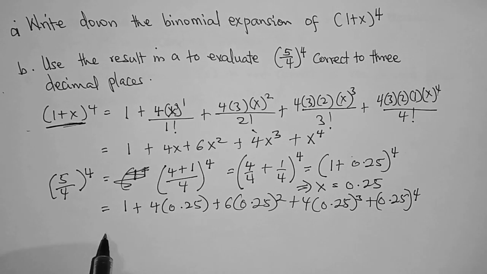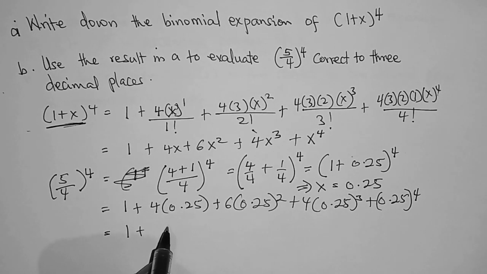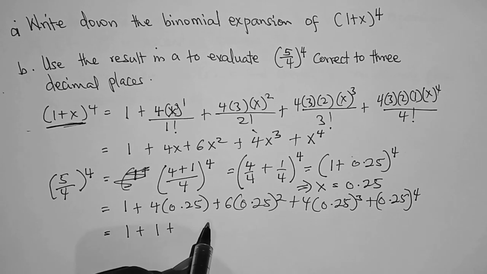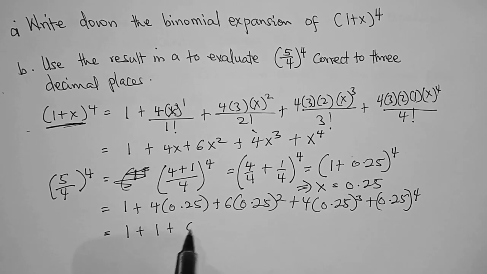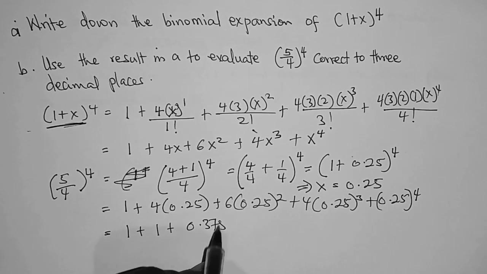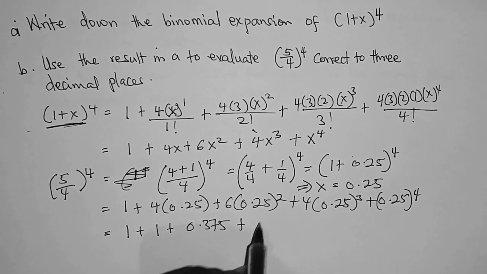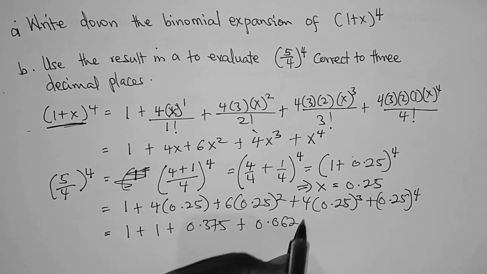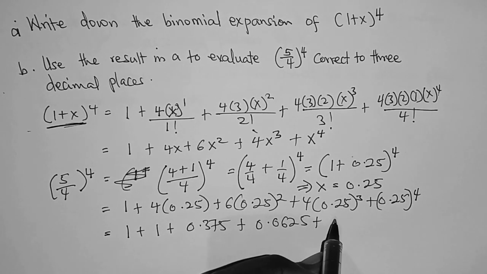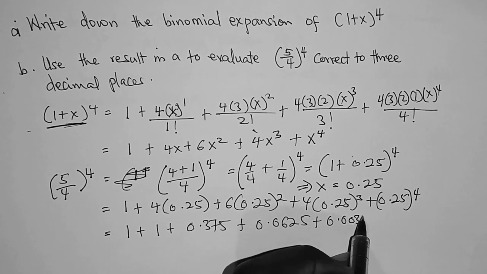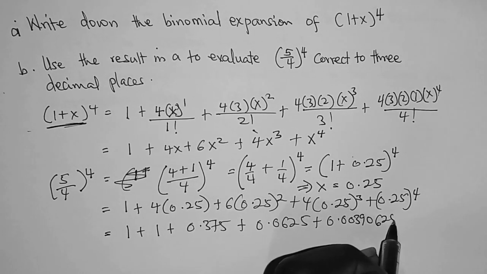So this is equal to 1 plus 4 times 0.25, which is 1, plus 6 times 0.25 squared, which equals 0.375, then plus 4 times 0.25 cubed, which equals 0.0625, then plus 0.25^4, which equals 0.00390625.